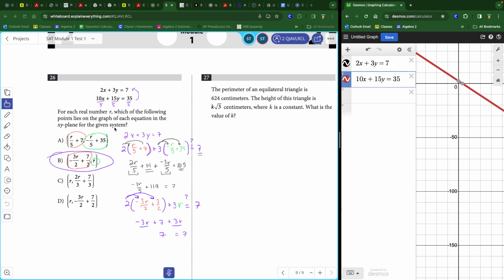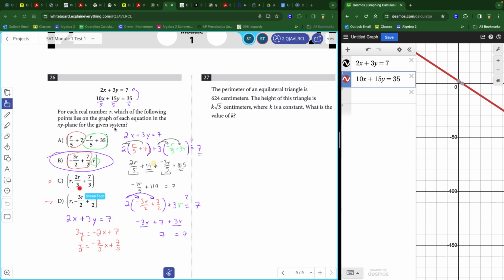I'm trying to think if there's another way you could do it. When I thought about it the first time, I think what I did is I took this 2x plus 3y, the original equation, and I solved it for y, thinking it was just going to be either C or D down here, and I'll show you why. I subtract my 2x and get 3y, then y equals negative 2/3 x plus 7/3. I divided everybody by that 3.